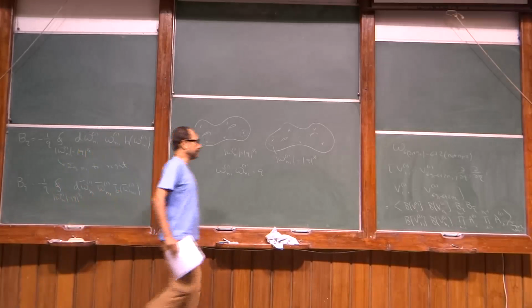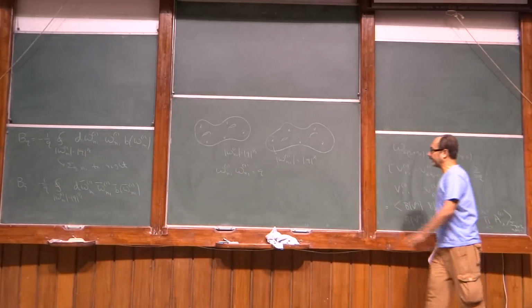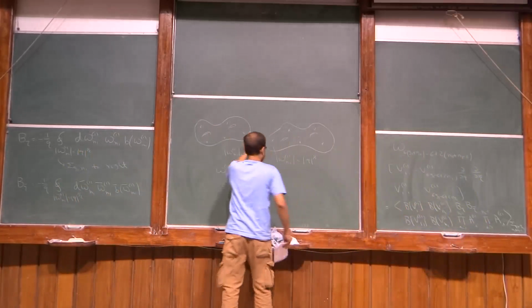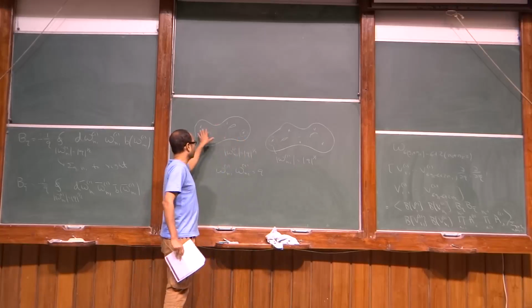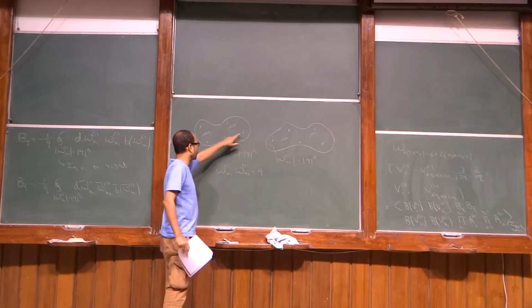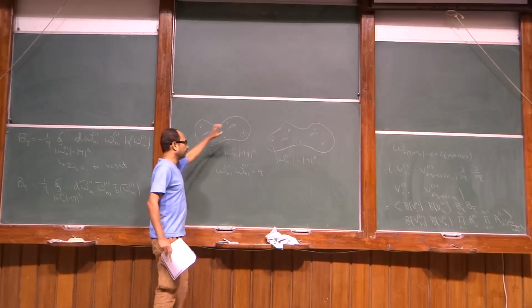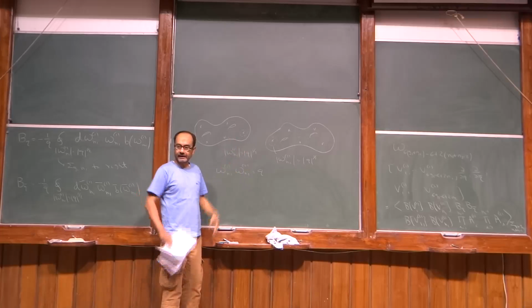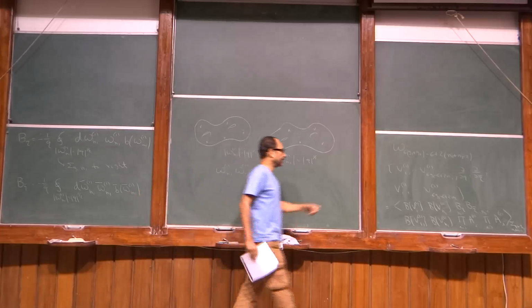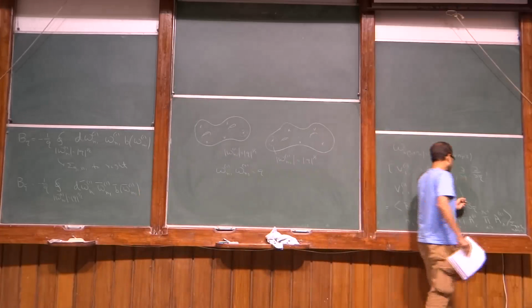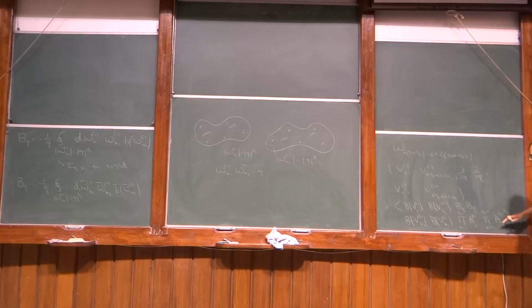And what this formula tells us is that if we had a section for this, which means you had a specific choice of local coordinates around each of these punctures, then after gluing you get a section of the bigger space P_{g1+g2, n1+n2-2}, and the corresponding region that you have to integrate over will now be given by this.